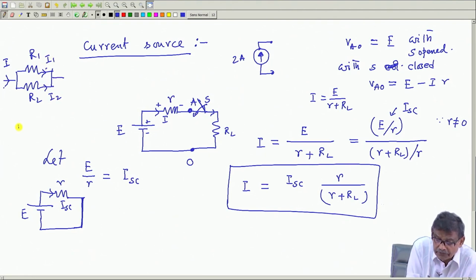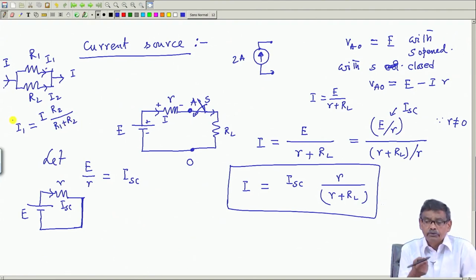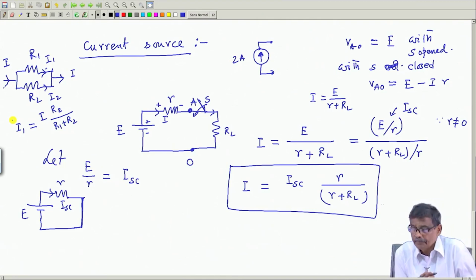What will be the value of I1? Suppose I is known, this will be equal to the total current coming to this parallel combination, this is also I, total current into the other resistance R2 divided by R1 plus R2.